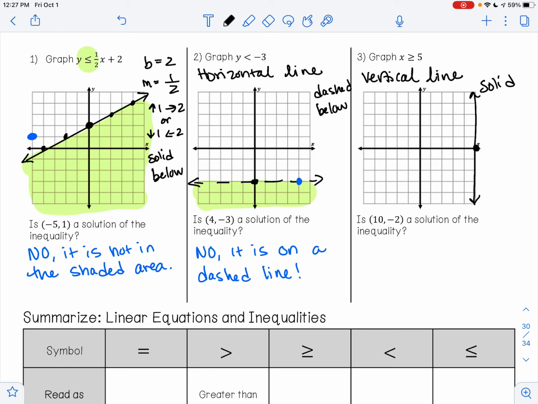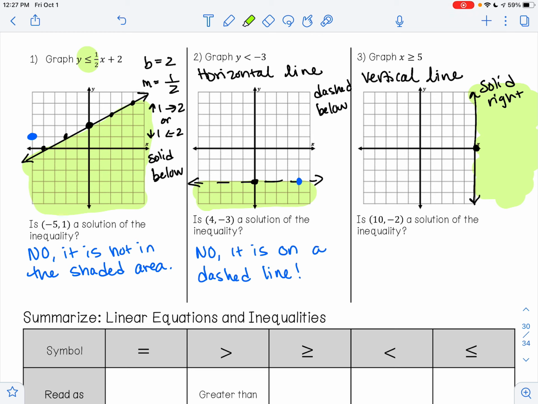And then we want everything to the right. So when you have a vertical line, you can't shade above or below. So instead you have to shade left or right. Because it's greater than, we're going to shade to the right. And that actually runs off this graph a little bit. So that would be everything over here.